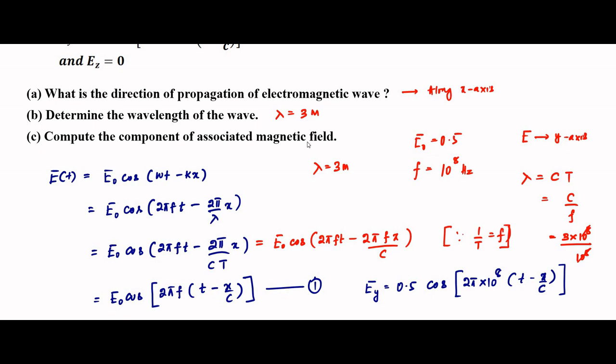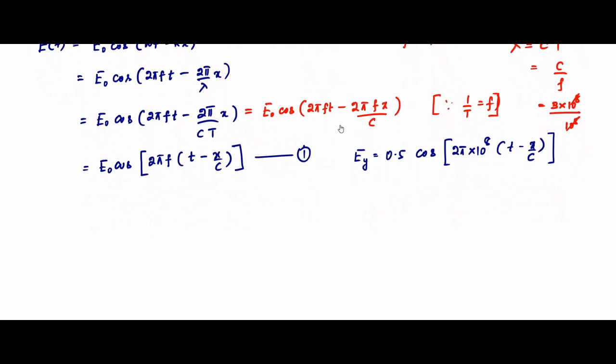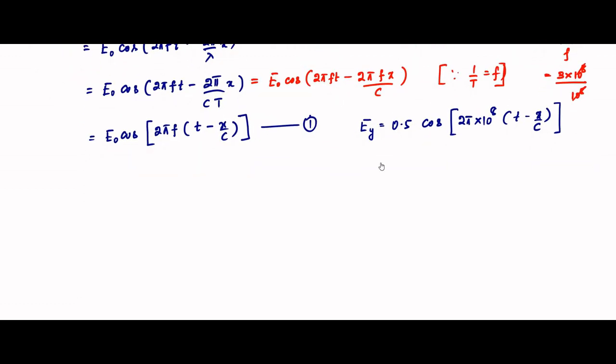Then it has been asked to find the component of the associated magnetic field, that is the amplitude of the magnetic field. We have already got the amplitude of the electric field, E0 is equal to 0.5, obviously in terms of volt per meter.